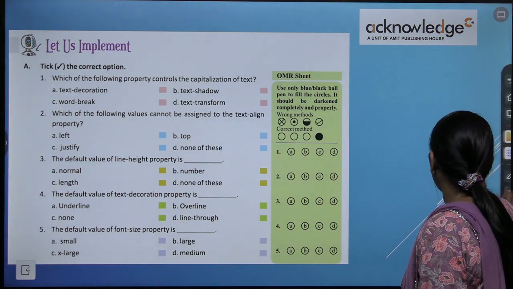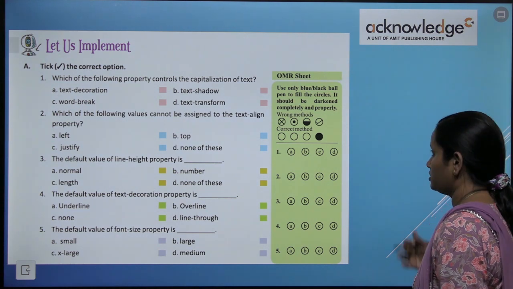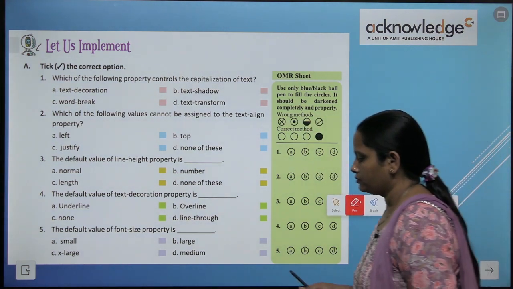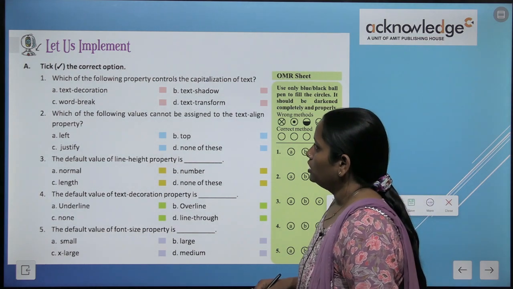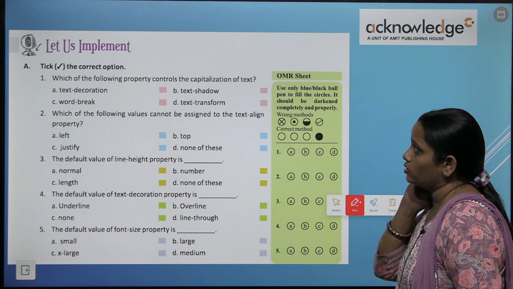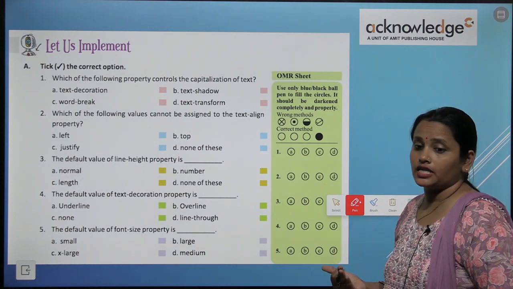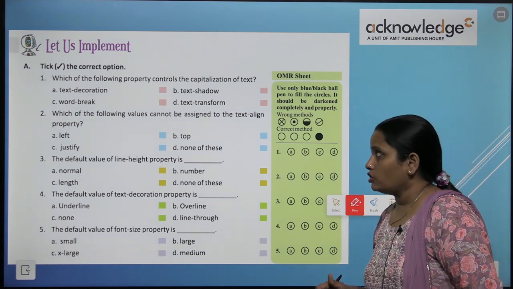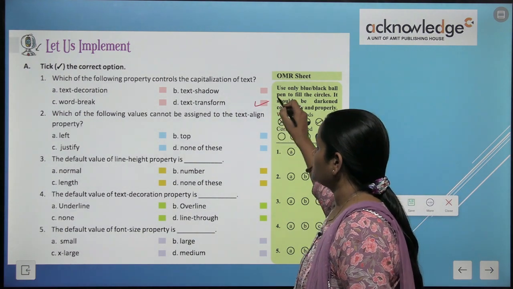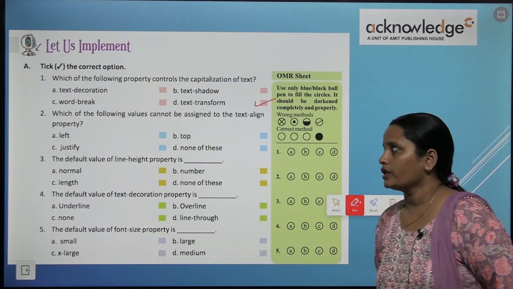So children, let's quickly come to the book exercise that is given here. The first question is, which of the following property controls the capitalization of text? So for capitalizing the text, we use the text transform.